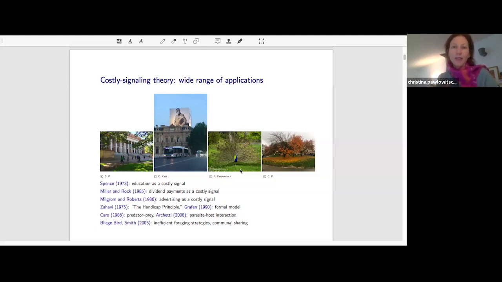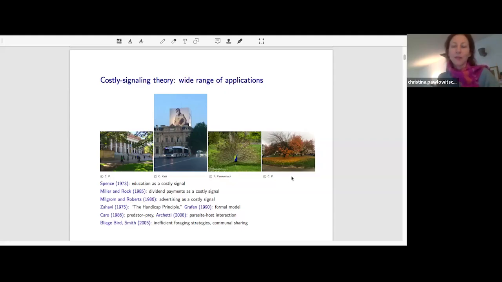And the work of Zahavi consisted in incorporating this explanation within the paradigm of natural selection by arguing that only a male with a very high background fitness can actually afford to carry that handicap. So that was the story of Zahavi.